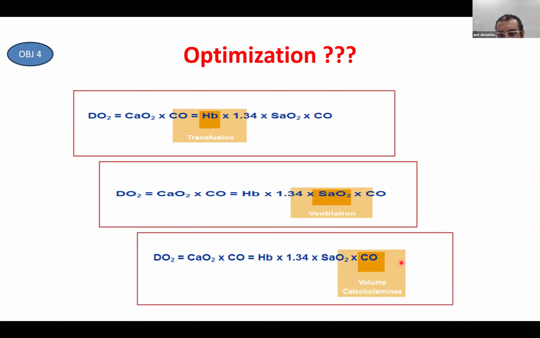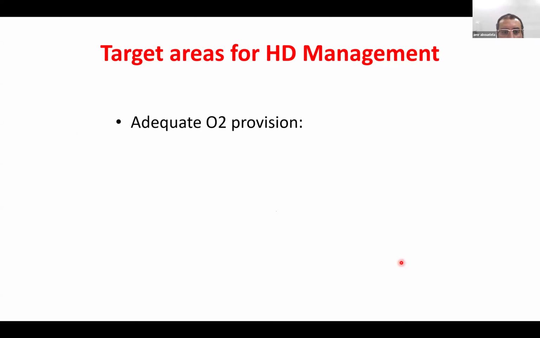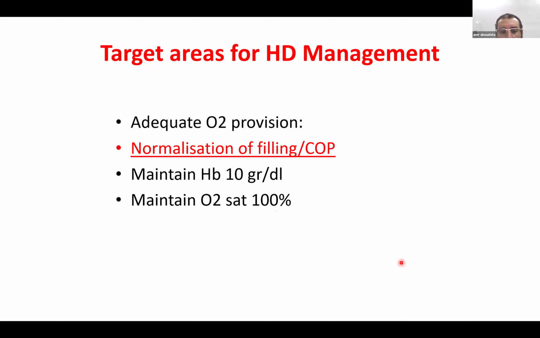We'll talk later in this lecture about how to optimize the cardiac output, of course by giving fluid volume and catecholamines, either inotropes or vasopressors. This is the way to optimize our patient regarding the hemodynamic profile. So our target: provision of good oxygen, normalization of filling pressure and cardiac output, maintain hemoglobin 10, maintain saturation around 100%.